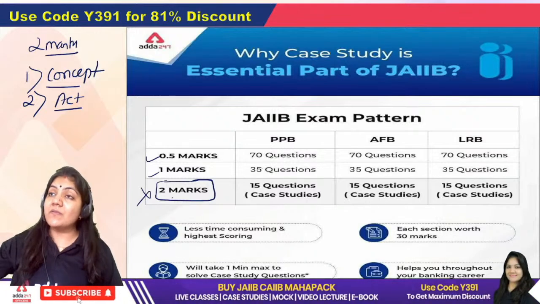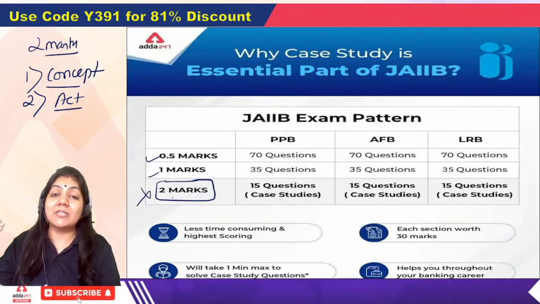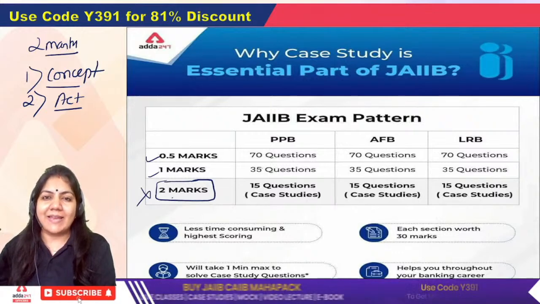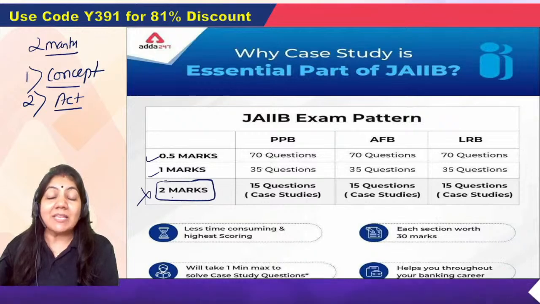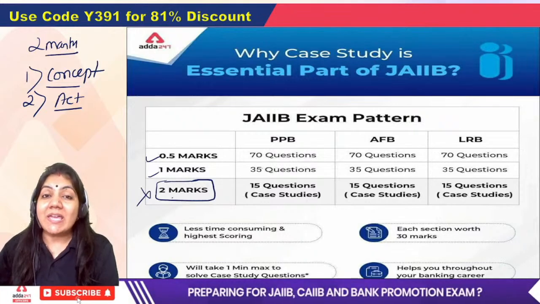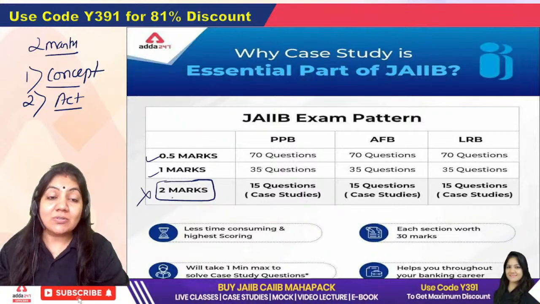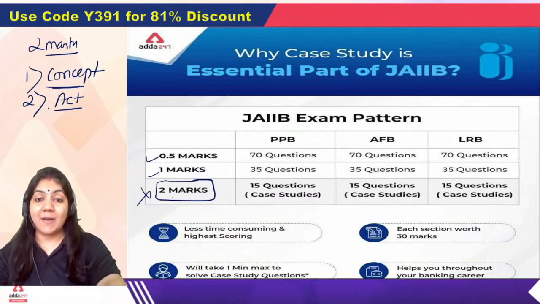In the February-March session, when the exam was held and we took interviews from many students, the students said, ma'am, the 8 or 10 line questions basically come from the 2 marks questions, and they are very easy. Once we get the concept, we can easily do that question. So that's why, class, concept clarity is very, very important to crack your exam.